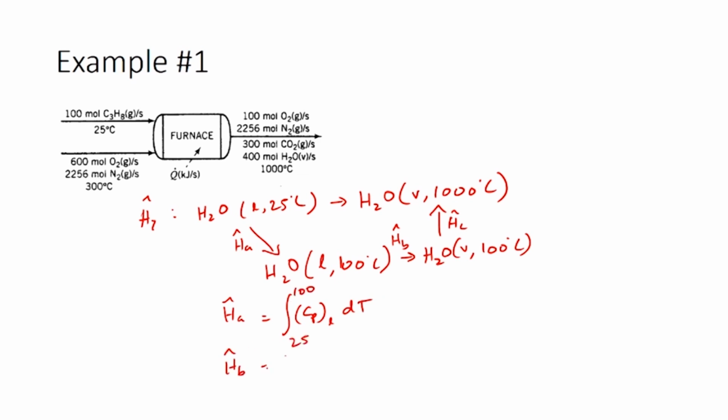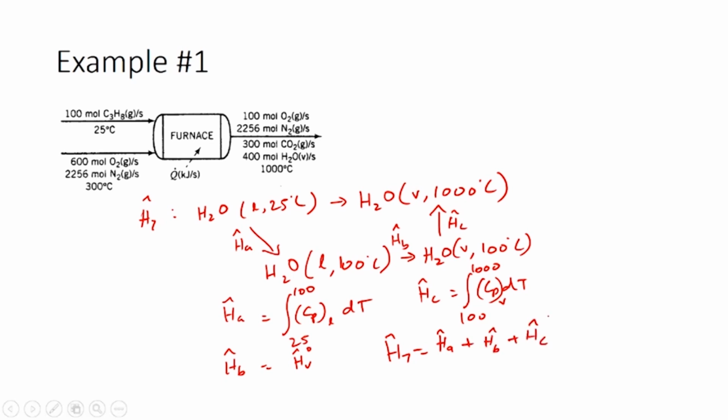H_B cap would be equal to the standard heat of vaporization for water, and H_C cap would be equal to the integral of Cp dT, where Cp is for water vapor, from 100 degrees Celsius to 1000 degrees Celsius. So, your H7 cap would be equal to H_A cap plus H_B cap plus H_C cap.